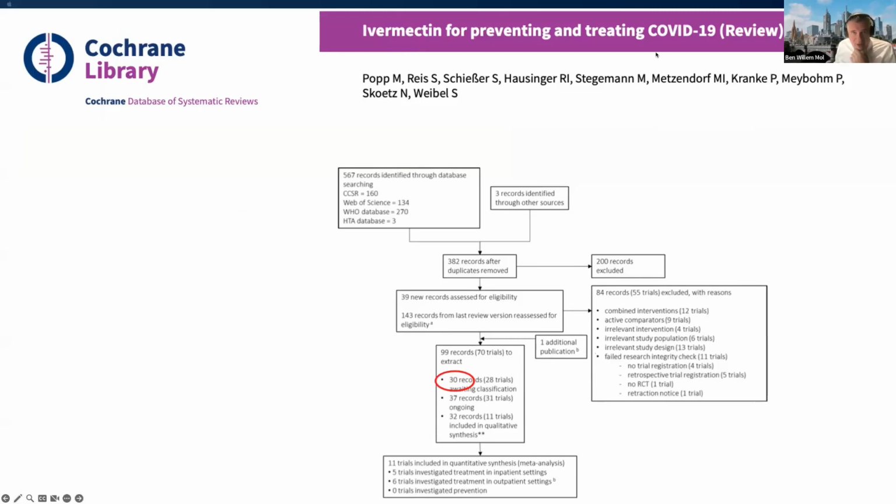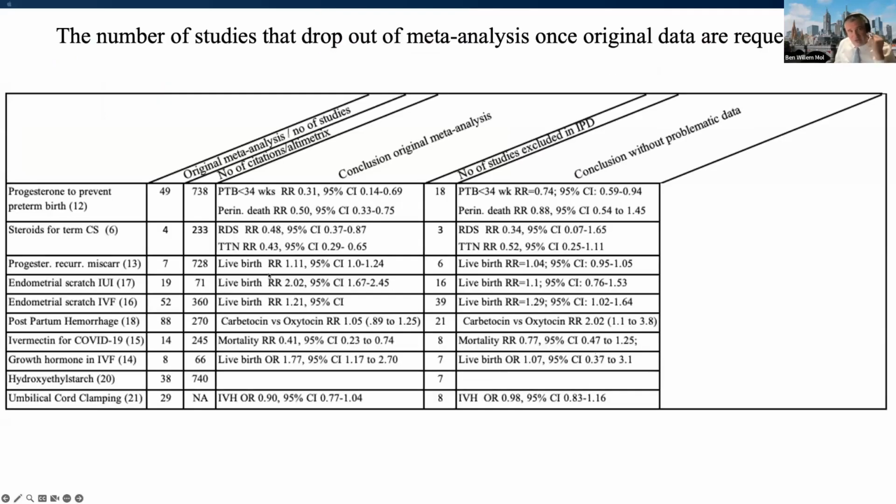Ivermectin in COVID, a similar amount of papers included. And recently we have compared for a series of topics the number of papers that we lose in different individual participant data meta-analysis. And that is somewhere between 40 and 60%. And it has major impact on the conclusions from these meta-analysis.